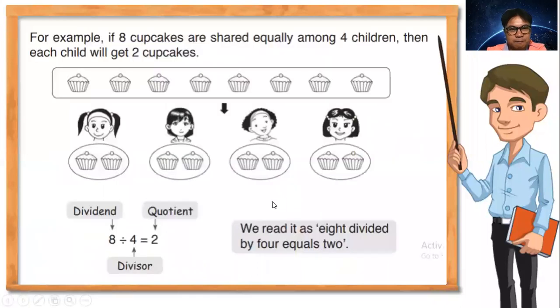Okay. So for example here, take note that division is sharing equally. So in this example you can see here, 8 cupcakes are shared equally among 4 children, then each child will get 2 cupcakes.